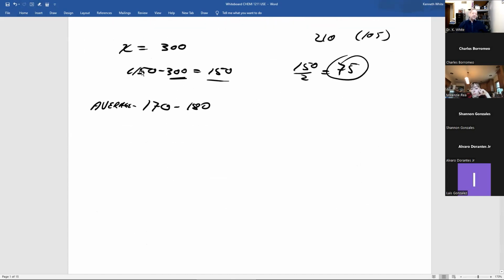Historically, my classes, and I've been blessed with very good students who follow my recommendation, the average on the final is 170 to 180, sometimes even higher, 185. That's roughly 85 to 90 average on a final, which is quite good if you think about it.